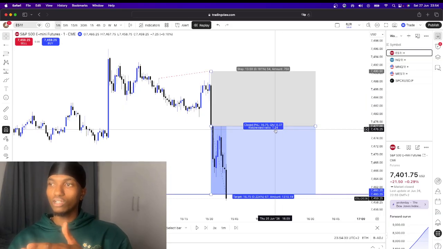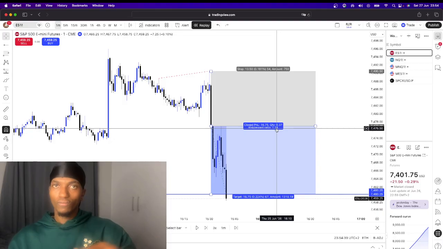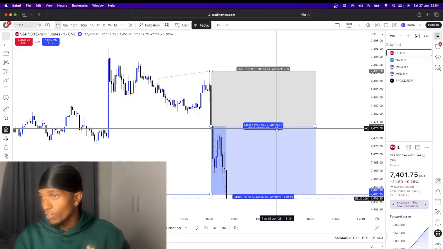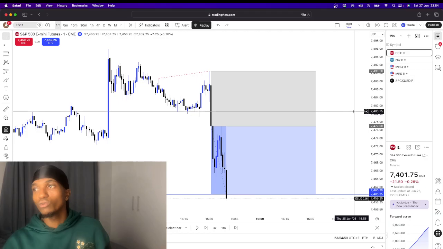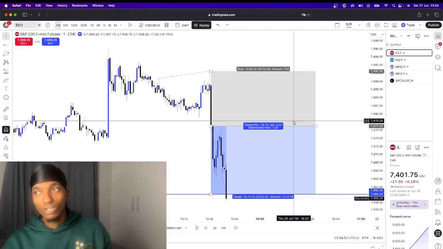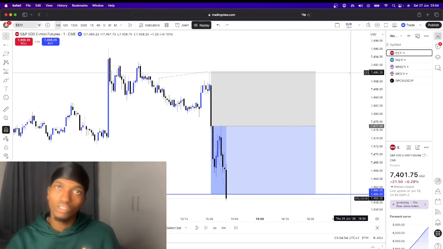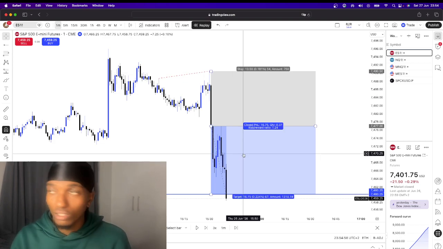This one it was 1:2.24, and the other one we have 1:96. Now which one would you take the trade out of, this one with the low RR or that one with the huge RR? Again, this one which is not leading down or the one that is leading down.